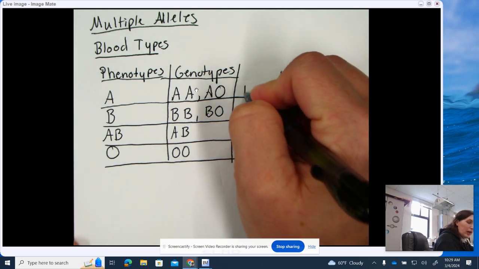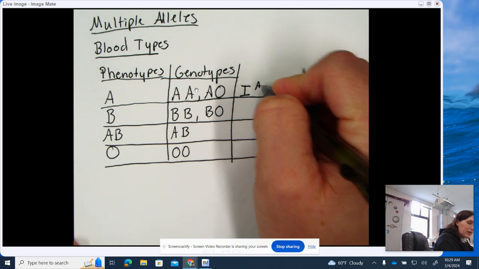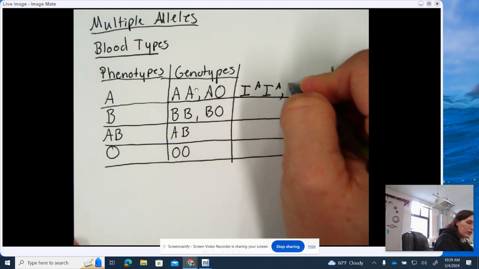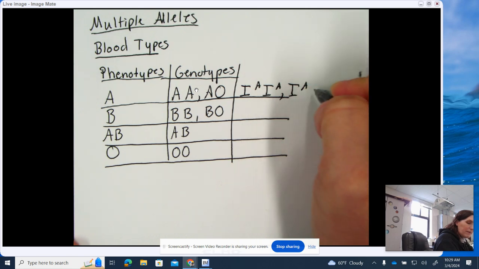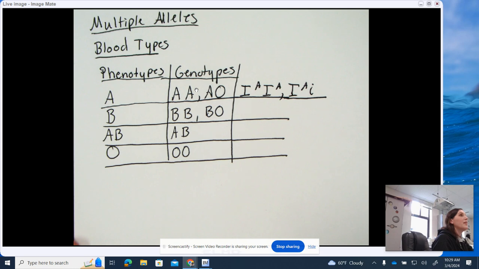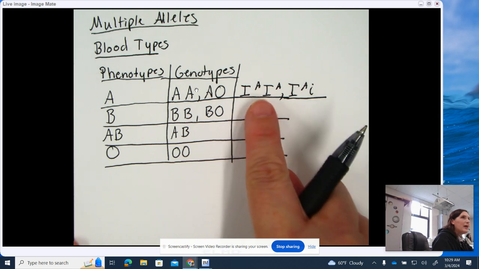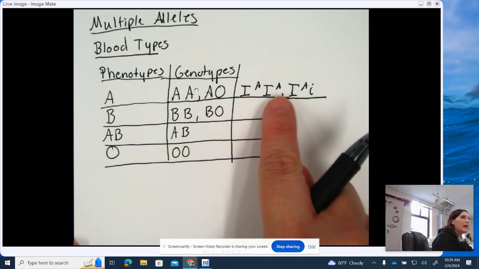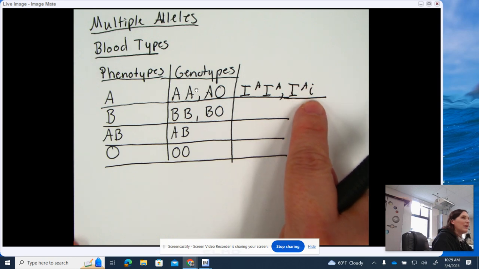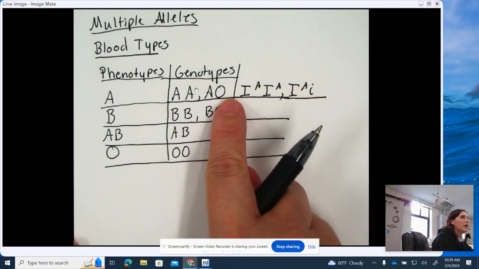You inherit this blood, type A and type A, or you inherit this type of blood. So I use an I, capital A, or IA and a little i representing the O.